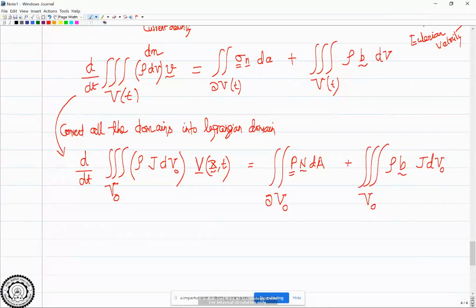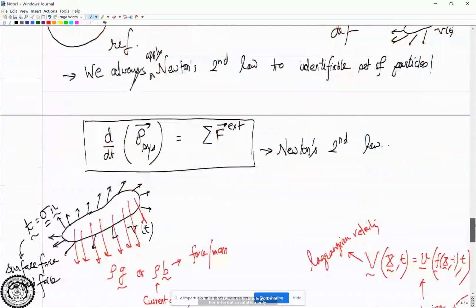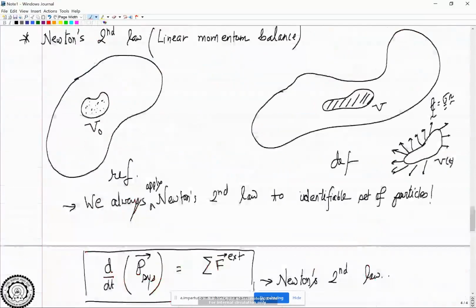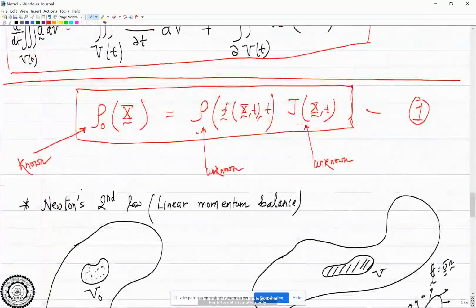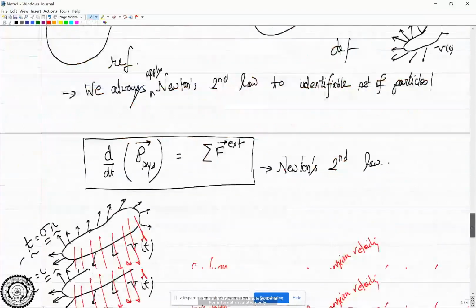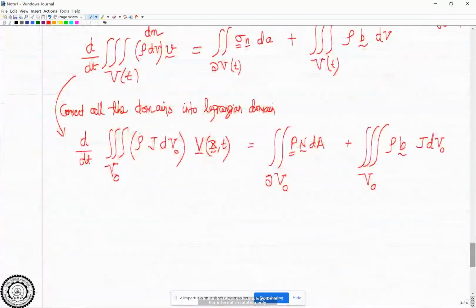What does that tell? That rho into J is equal to rho naught, the referential density. Can you see the Lagrangian form here? So that simplifies. Here I am now using mass continuity.